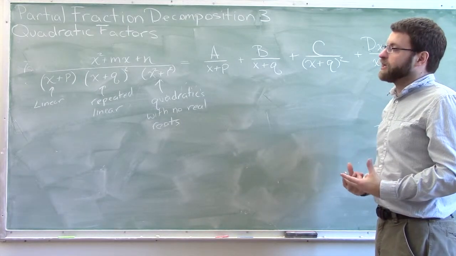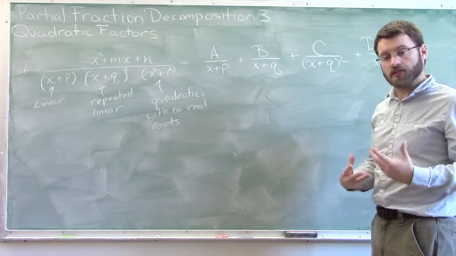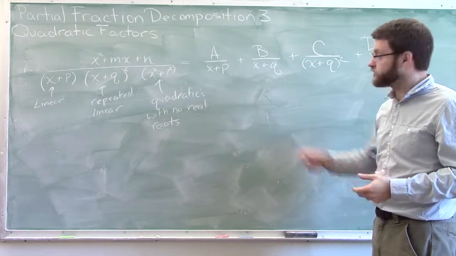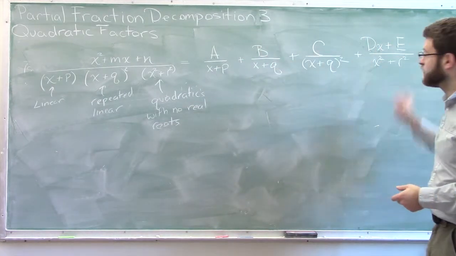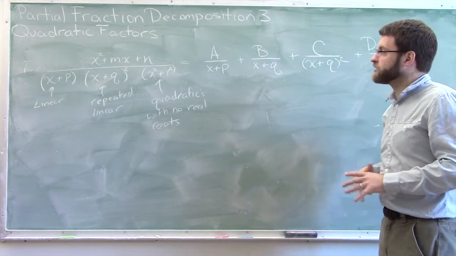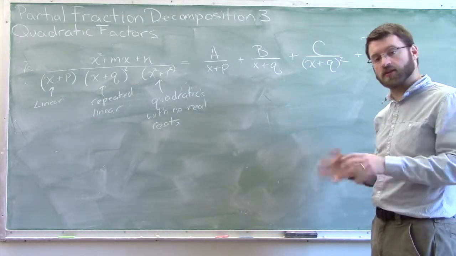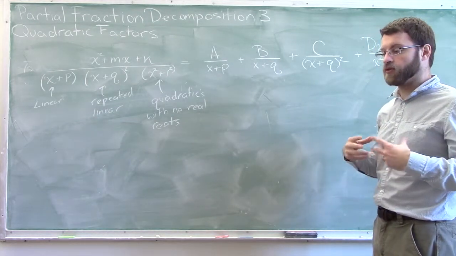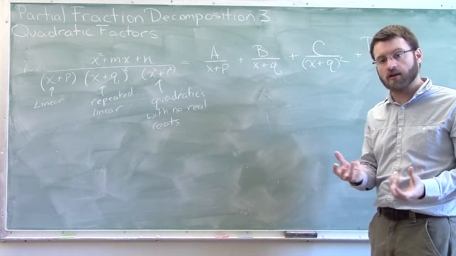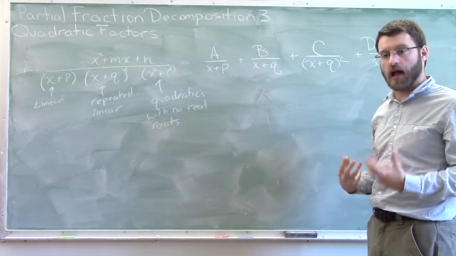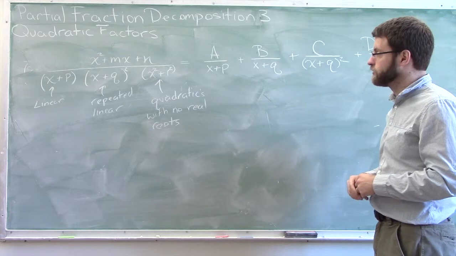In really complicated problems, you might have to solve a system of linear equations to figure out A, B, C, D, and E. But in most of the cases that you'd see at the high school level and at the introductory college level, if you use the strategy that I recommend, there'll be very little actual algebra that you end up having to do. Okay?